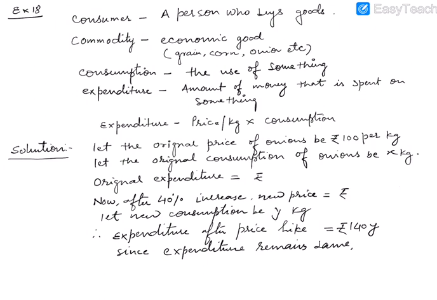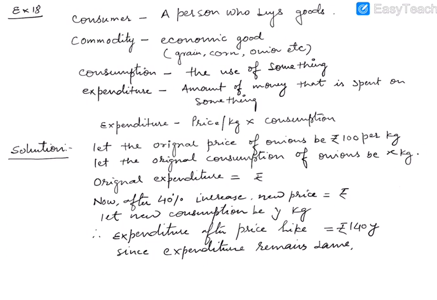And how to find out expenditure? Per kg price multiplied by the consumption. Suppose the price of 1 kg potato is rupees 20, and your consumption of potato is 2 kg. So 20 multiplied by 2 is rupees 40. That is your expenditure on that particular item. So how to solve this question?